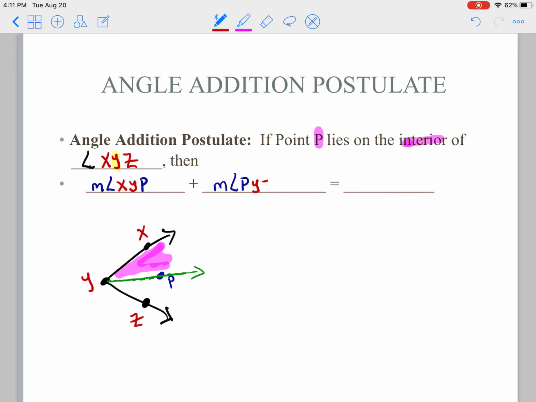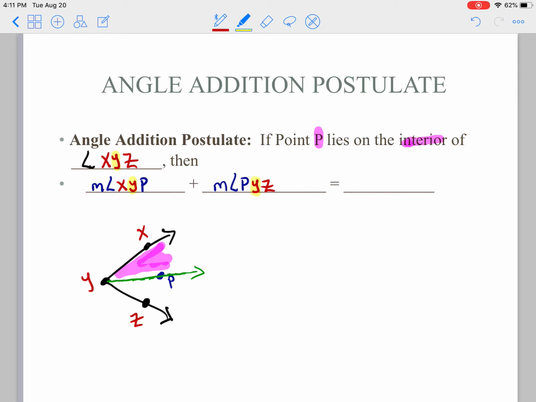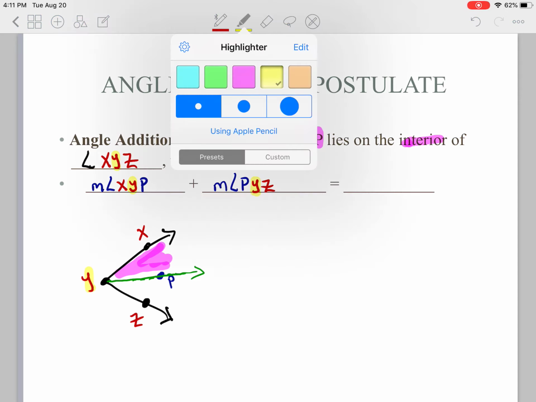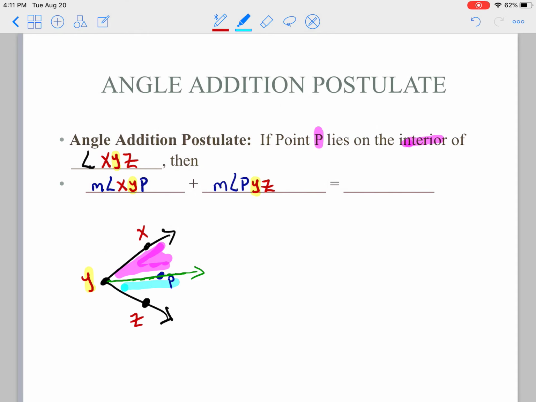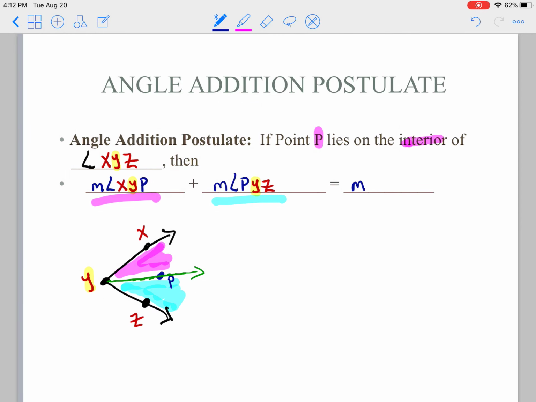Y, Z, okay? I can do that because my vertex is still in the middle, and now I am referring to this portion. So if I add the pink portion, okay, there's my blue portion, here's my pink portion, the pink plus the blue, I will get the value or the measure of the entire original angle XYZ.